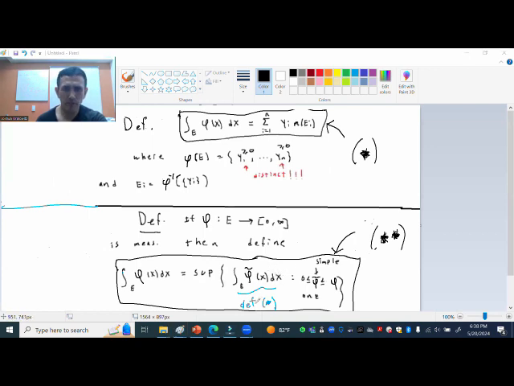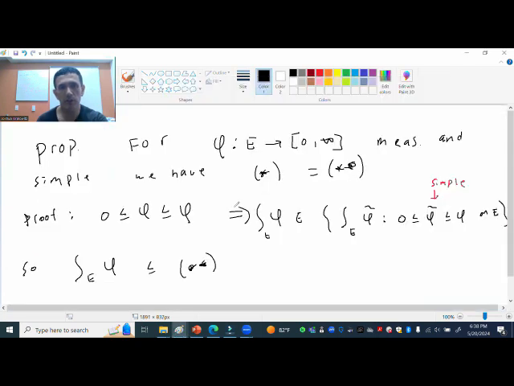And to be clear, when I write the sup of these integrals, I mean the original definition of integrating a simple non-negative function. And of course, when I write this, I mean this here is star.